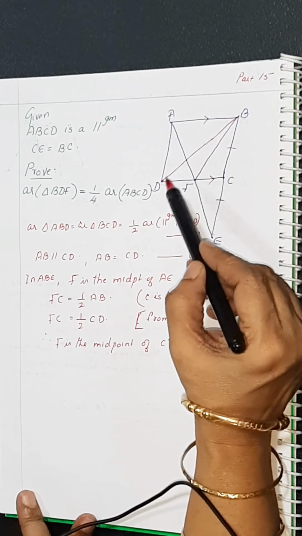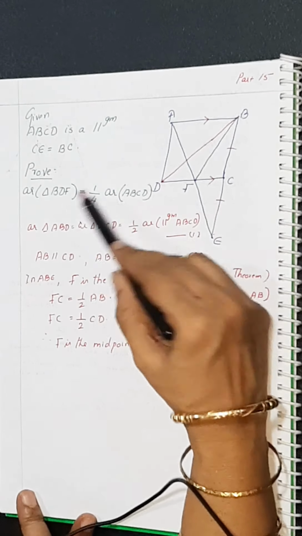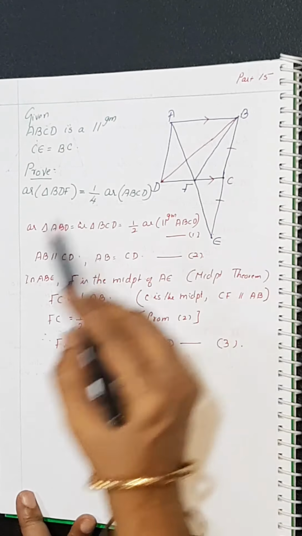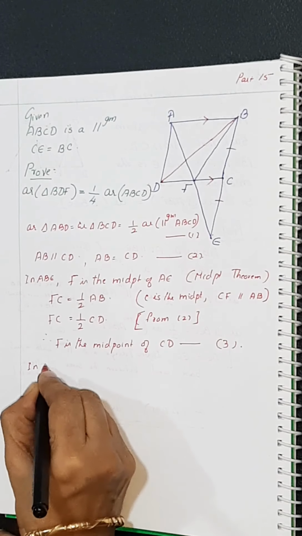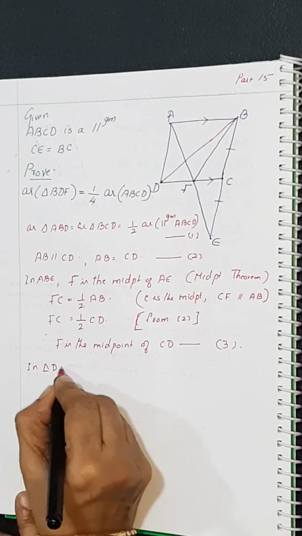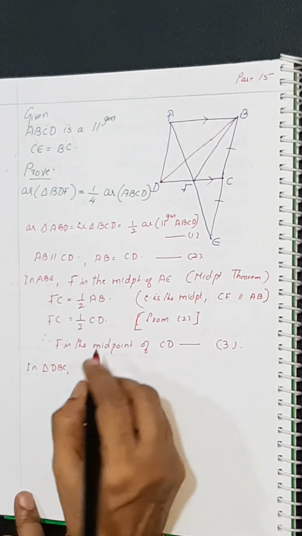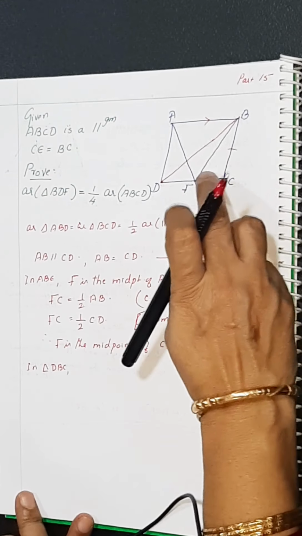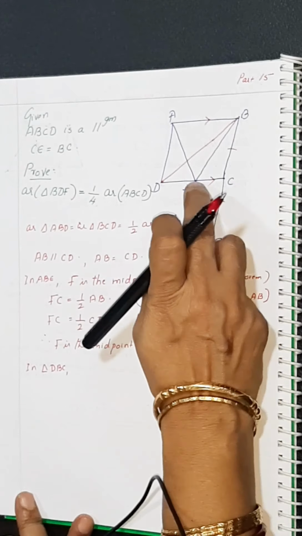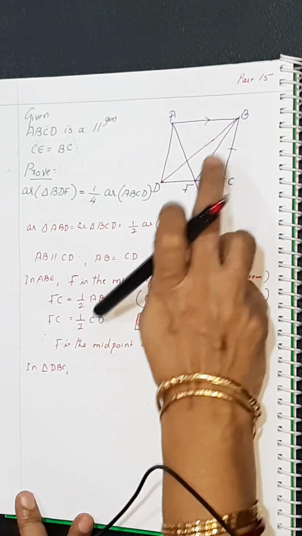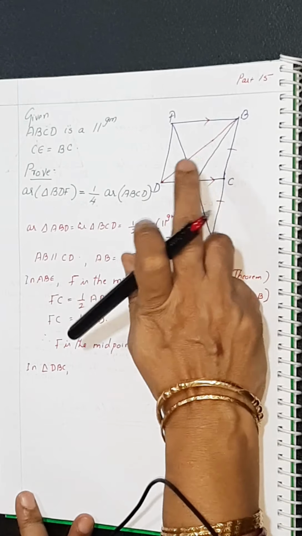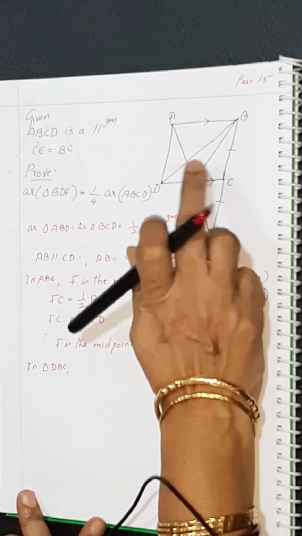We have BDF, which is what we have to find. So we will consider the triangle DBC. Again BF is the median in this triangle. Since F is the midpoint of CD, BF will become the median, and a median divides the triangle into two equal parts.